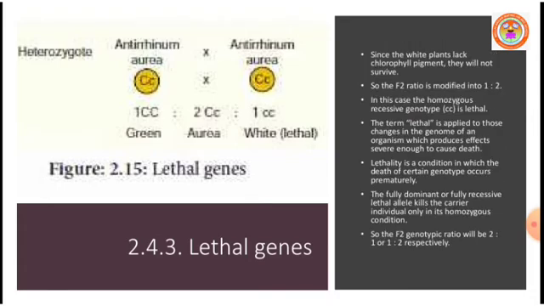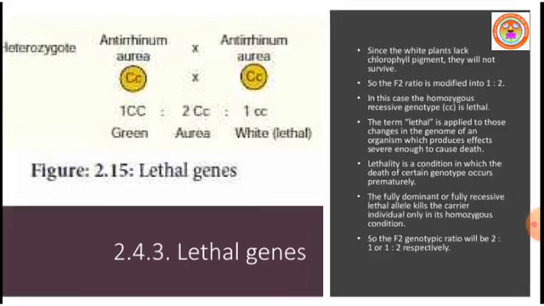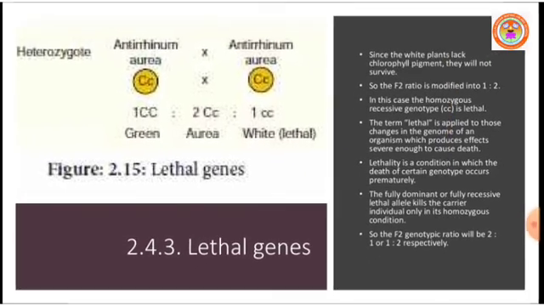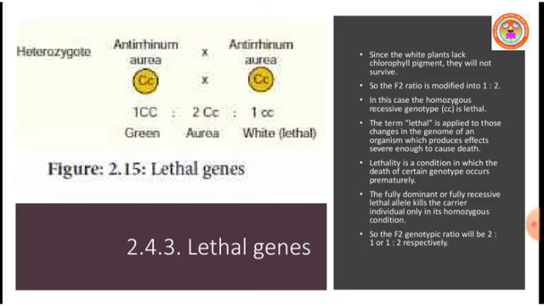Since the white plants lack chlorophyll pigment, they will not survive. Hence, the ratio is modified to 1:2 or 2:1. In the case of the homozygous recessive genotype, small c is lethal.